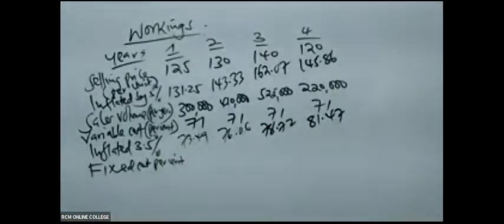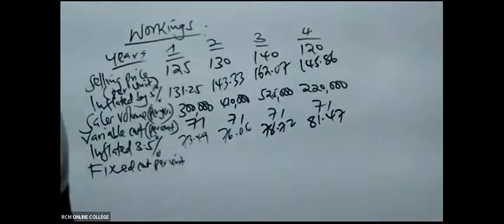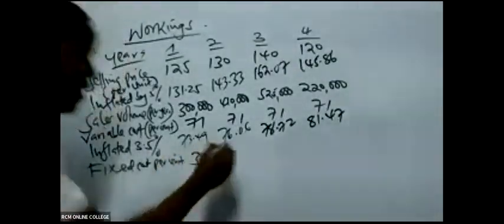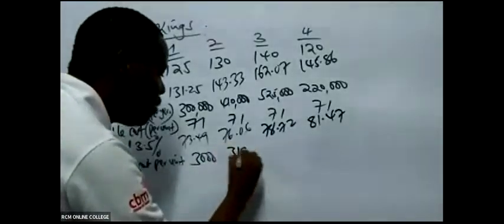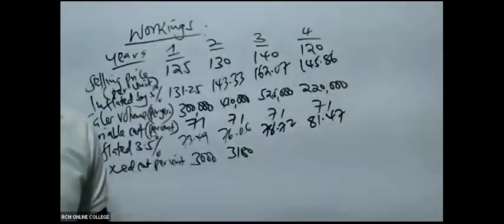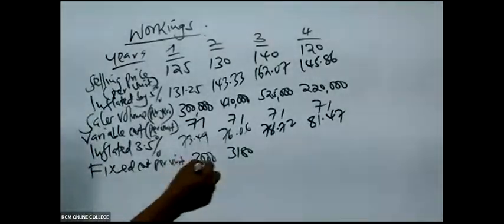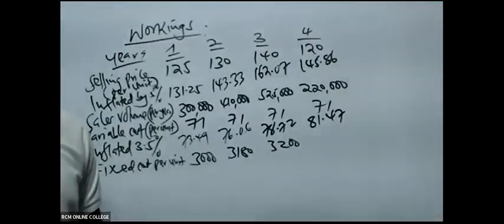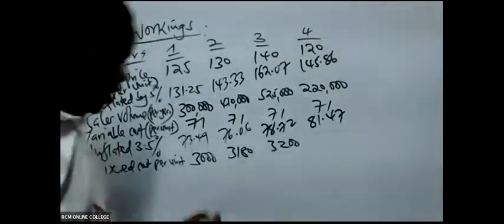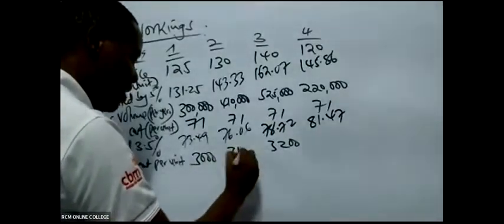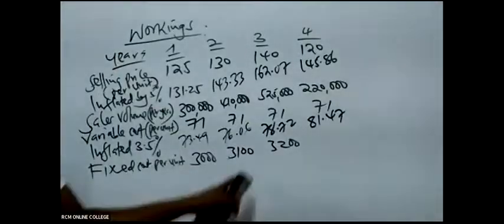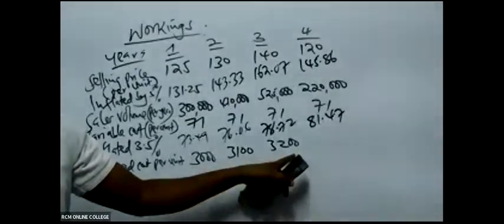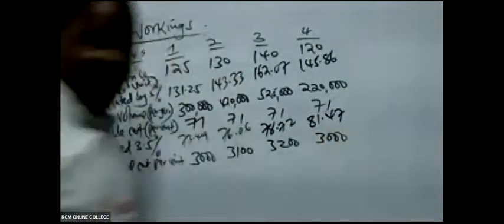Fixed cost per year: year 1 is 3,000, year 2 is 3,180, year 3 is 3,200, year 4 is 3,000.